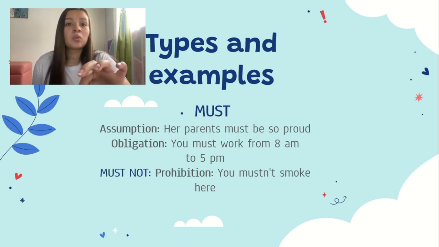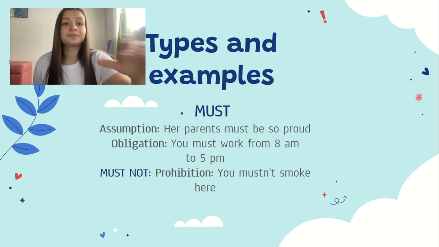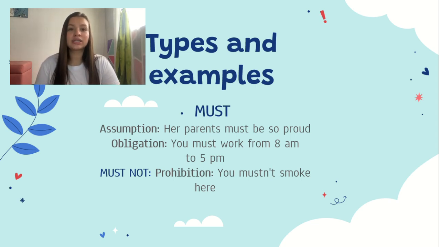After that, we have must, and must is used for an assumption or an obligation. For example, in an assumption, in a normal situation, we can say, oh, her parents must be so proud. And it's most common to see it in an obligation.